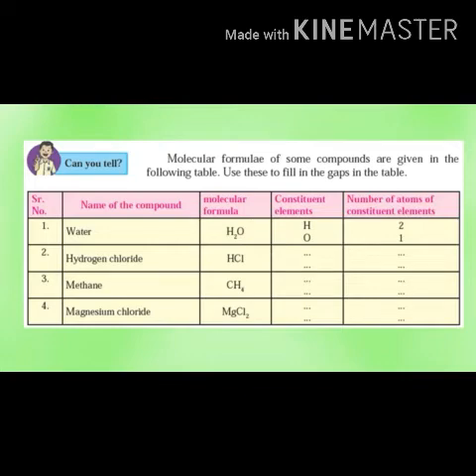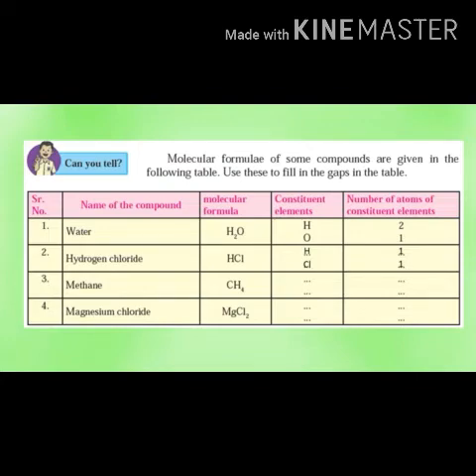Second is hydrogen chloride. Its molecular formula is HCl. Hence, constituent elements are H and Cl. Molecular formula HCl indicates that it contains one hydrogen atom and one chlorine atom bonded together. Number 3 is methane. Molecular formula is CH4.